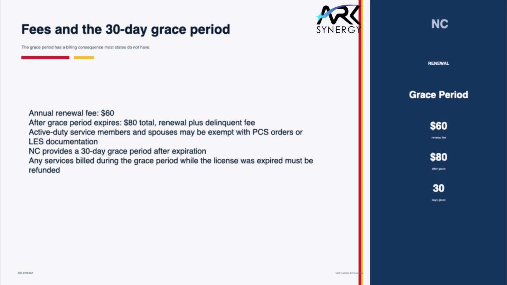However, there is an important thing that I must mention for North Carolina specifically, which I mentioned a bit earlier: any services that you have billed during the grace period while your license was expired, you need to refund, like the payment for those services. So that is something to keep in mind.